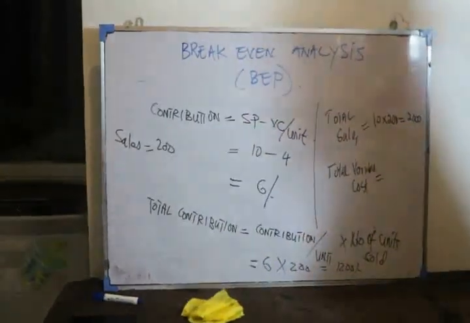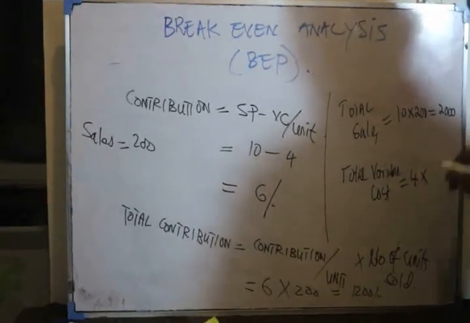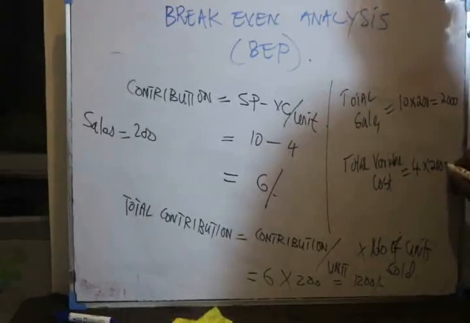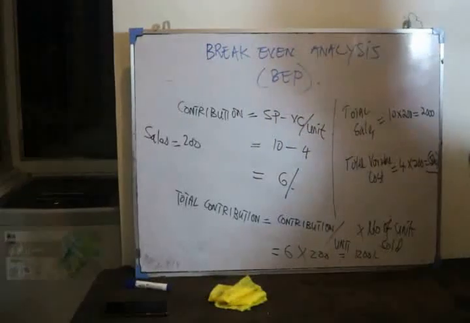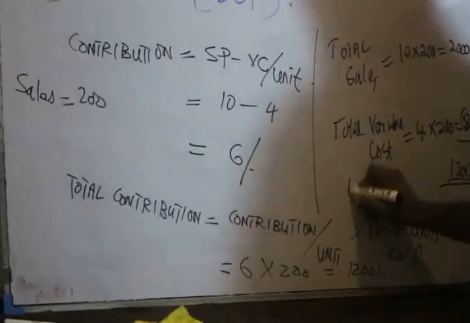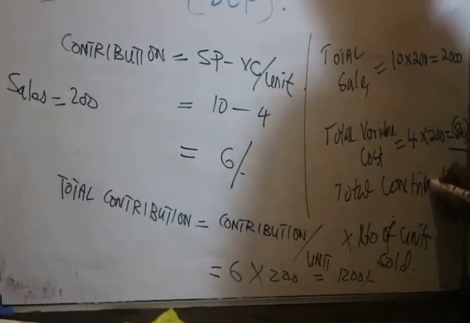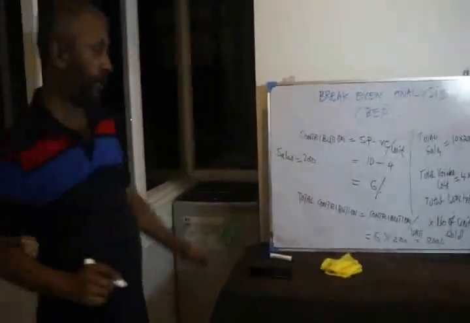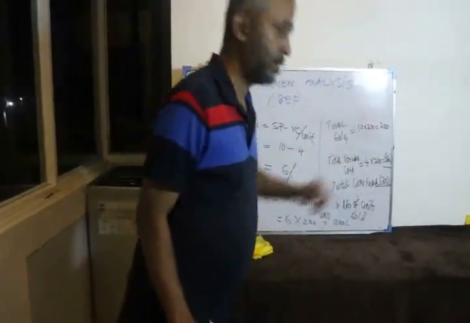The total variable cost will be per unit $4, and we have produced and sold 200 units, so therefore 800. If you subtract 800 from 2000, our answer is 1200, and that is our total contribution. So you can calculate total contribution in two ways. One, following this formula, or following this formula.